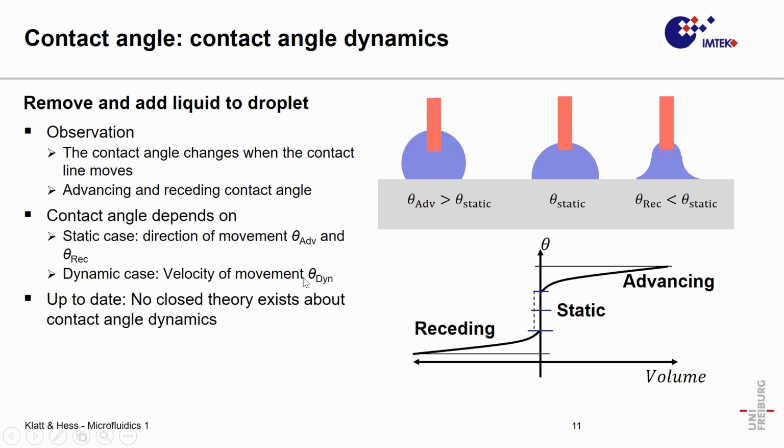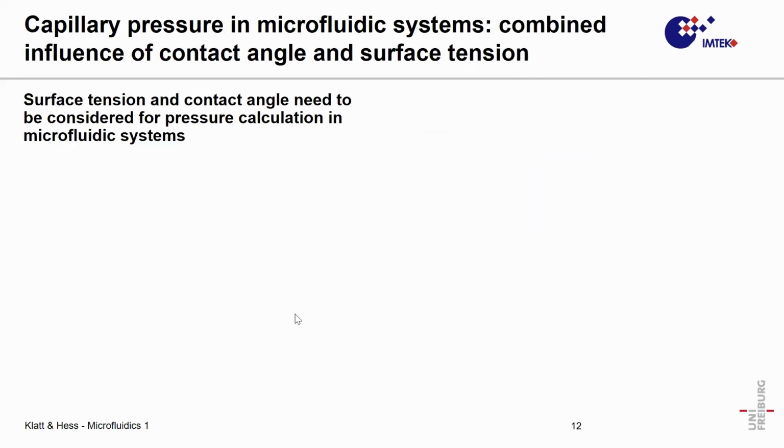And up to now, there are no closed theories to describe this. We know how to describe the pressure in two-phase interfaces by the Young-Laplace equation, but we don't know how to describe it within microfluidic systems yet, when there are walls and three-phase interactions.